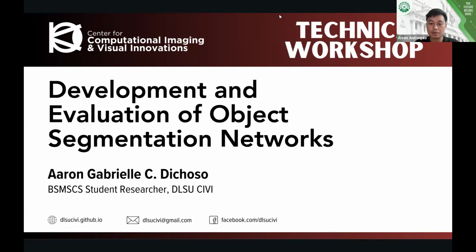Attendees will be guided through the practical steps of setting up and training object segmentation models, followed by evaluation procedures using standard metrics. We are going to conclude with the analysis of model performance through quantitative metrics, helping participants interpret results and refine their models effectively.